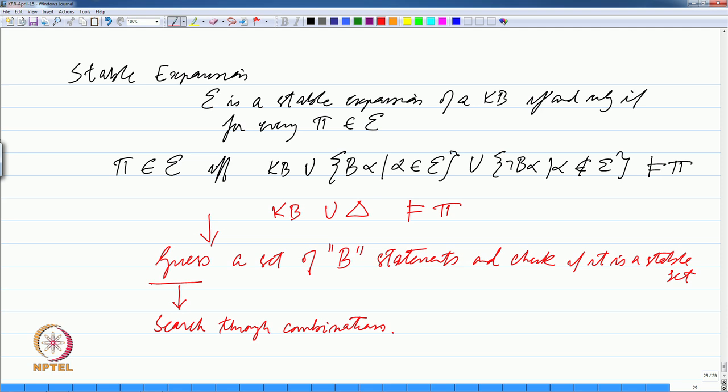So, that is going to be our approach, that we will try all combinations of belief statements. So, in a knowledge base there will be a finite amount of belief statements, especially if we have restricted ourselves to saying that the belief statements only apply to what are called objective facts, basically which are statements which do not have the B operator. Then there is only one level of nesting allowed.